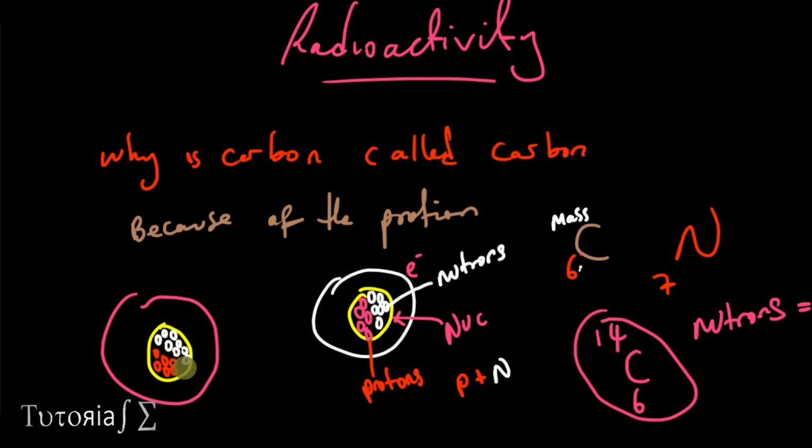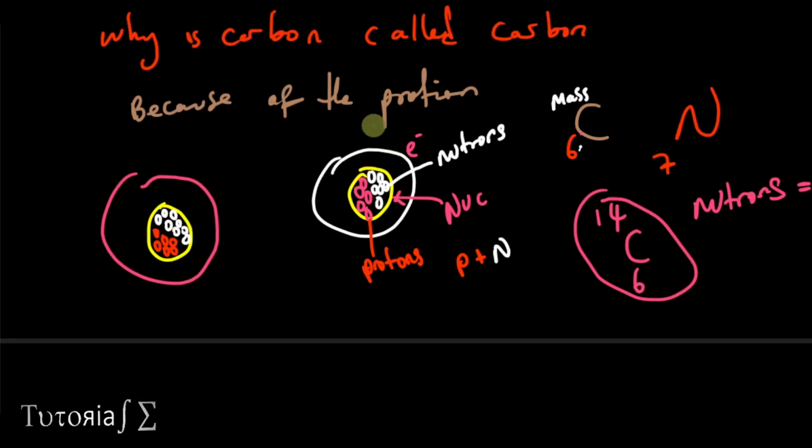For an element to be stable, the number of protons and neutrons should be almost the same. If an element has 6 protons, the number of neutrons should also be approximately 6.